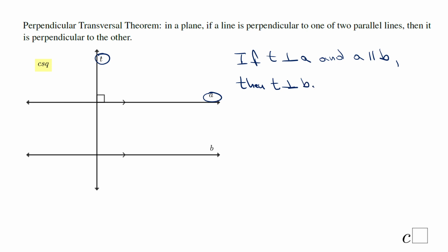That's what this theorem says, which is shown in this picture here.